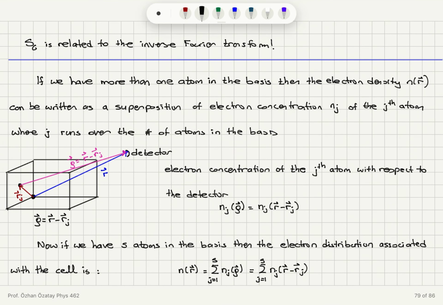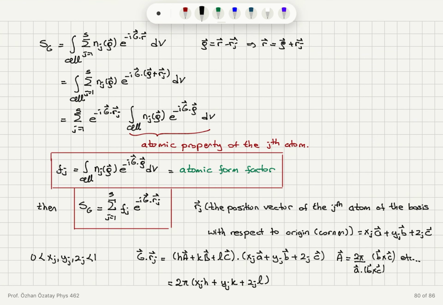Okay, if we have more than one atom in the basis, we can talk about the position of the jth atom in the basis with respect to the detector with the vector rho. And with this analysis, when we write the electron concentration in the basis as a superposition of electron concentrations of the s atoms in the basis, we find that the geometrical structure factor can be written as the sum j equals 1 to s of fj e to the minus i g dot rj.